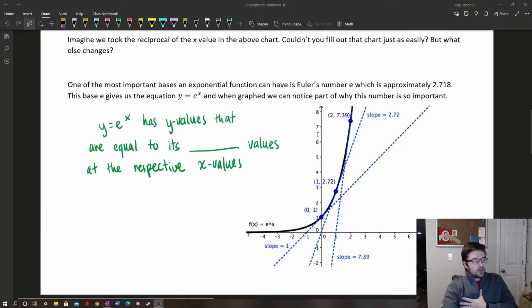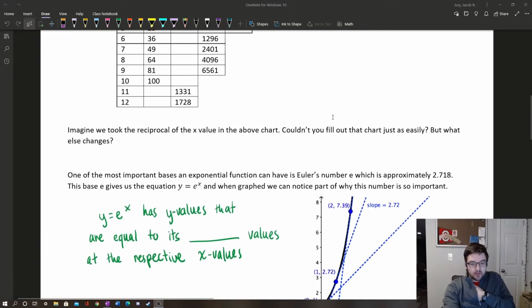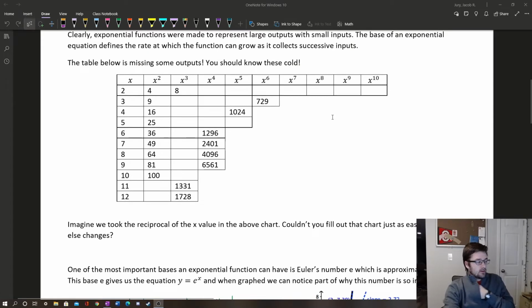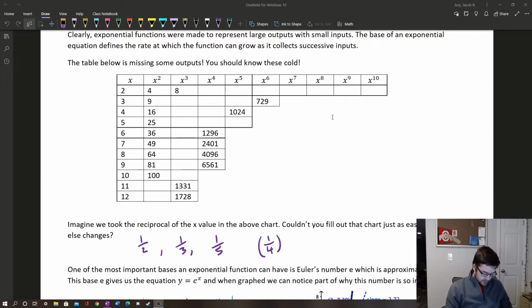So we also want to consider, imagine that we took the reciprocal of the x value in the above chart. So instead we had like our x was 1/2 or 1/3 or 1/5. Couldn't we fill out the rest of this chart as easily? So for example, if we did 1/4 cubed for that section, for the reciprocal chart, wouldn't we end up with 1/64th?